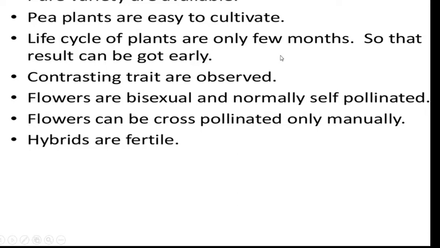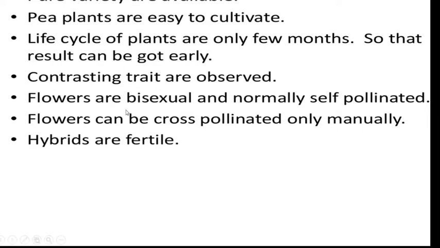In many cases there are trees which are perennial in nature, but most of the plants, especially the crop plants we use, are annuals. In the sense, only one season they are going to be there, so that the result can be obtained early. That's one reason. Then the contrasting traits can be observed very easily in the case of pea plant.